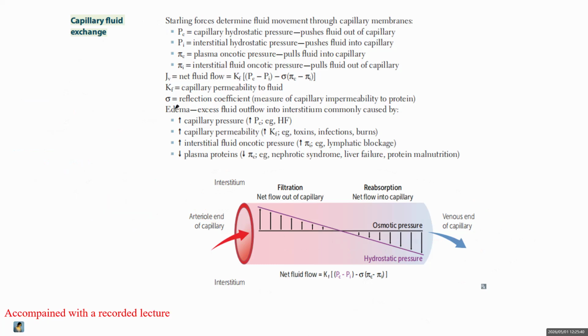The first one that we are going to touch on is the capillary hydrostatic pressure, denoted by Pc, as you are looking over here. Because the blood is inside the capillary under pressure, this pressure tends to push the fluid out of the capillary into the interstitium.